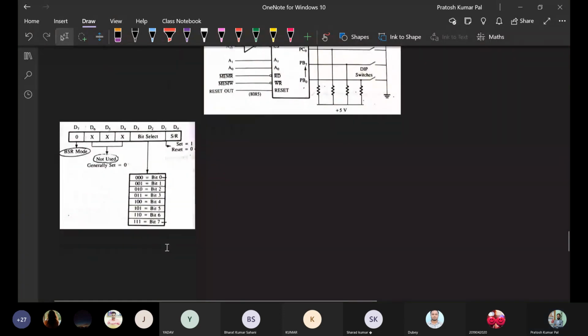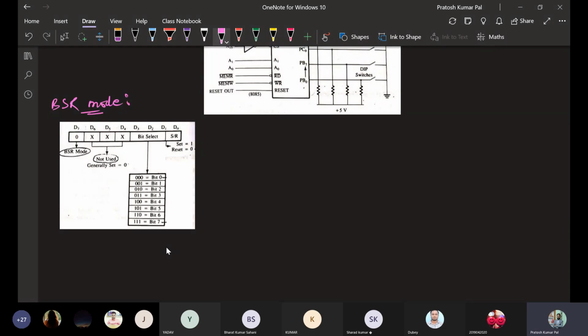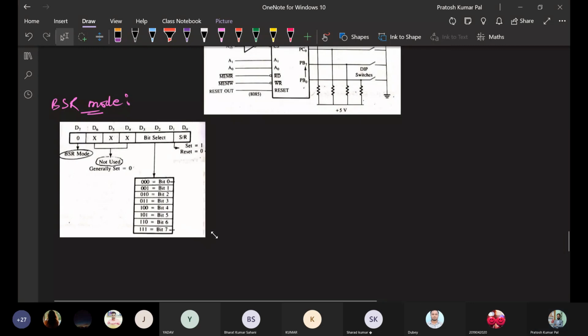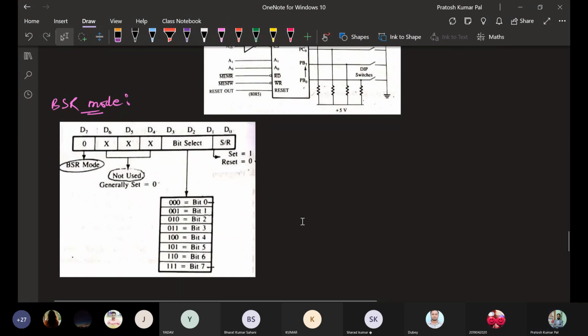The next one is BSR mode. In BSR mode, the port C will be set to work in either set value or reset value.